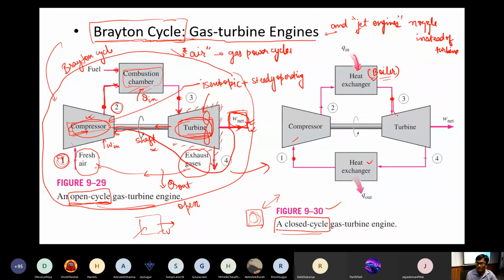After 3, it expands in the turbine and gives you some work out. After that, the expanded gases are supplied to another heat exchanger, where you liberate some Q out, and then the rest of the gases are pulled again to the compressor, and the cycle goes on in a similar fashion.